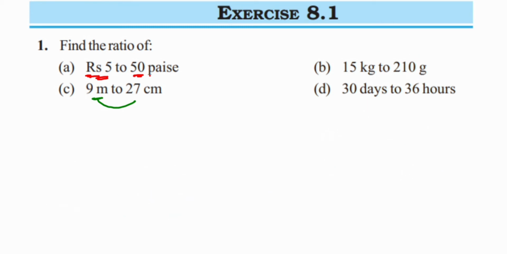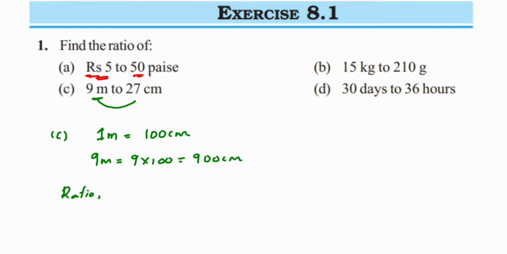For part C, we know that 1 meter is equal to 100 centimeters. So 9 meters will be equal to 9 into 100, which is 900 centimeters. Now we write the ratio of 9 meters to 27 centimeters: 900 is to 27, or 900 upon 27.